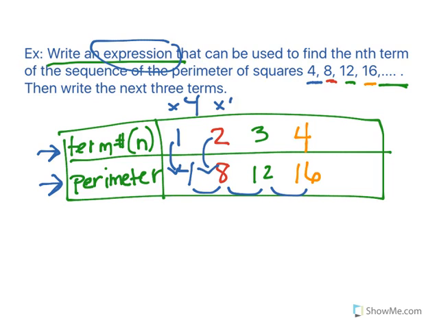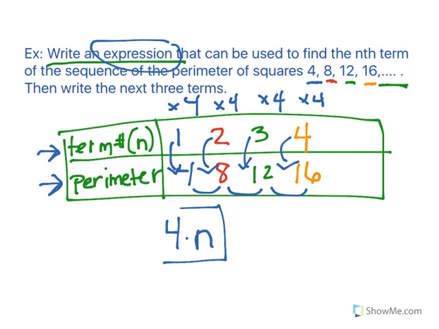Oh, I got to multiply by 4. 3 to 12, you're noticing this pattern here, and then 4 to 16, times by 4. So to understand that expression, what we have to do is take the nth term, whatever we're getting, and multiply it by 4. So we're taking 4 times the nth term, and that's going to be the expression that we're going to use for this problem.